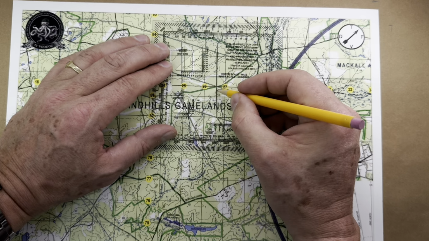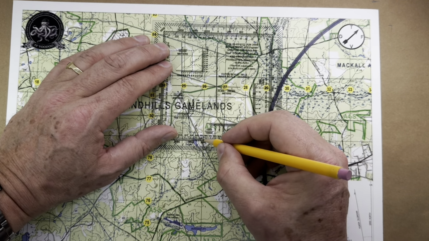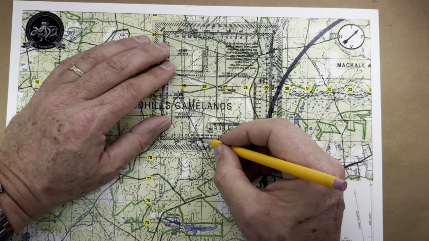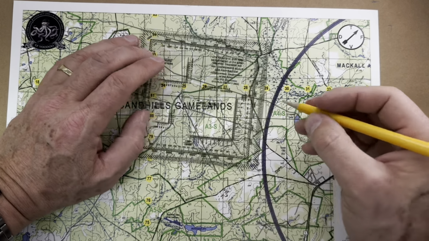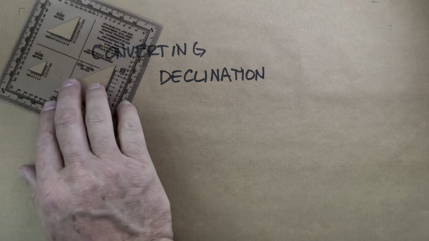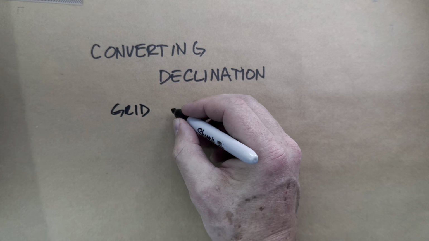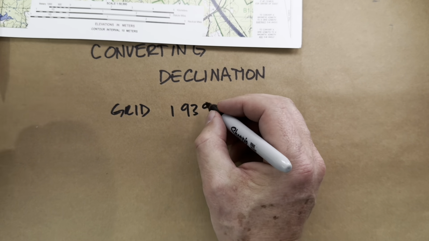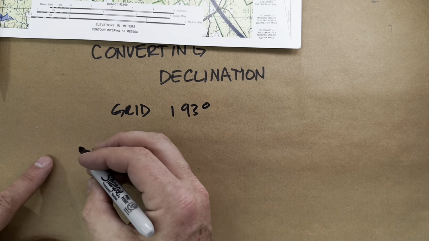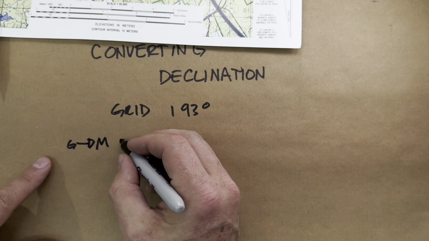And then that line, you can see that line real faintly right there, goes right underneath the 193 degree mark right here on the perimeter. So this now becomes my grid azimuth. Let's do the math here. My grid azimuth is 193 degrees. And I know that if I want to go from grid to magnetic, I want to add.